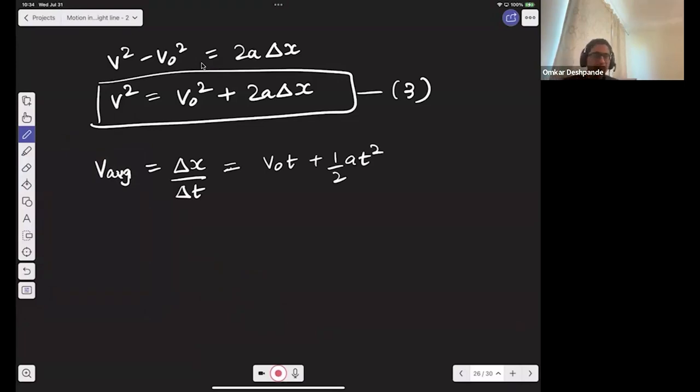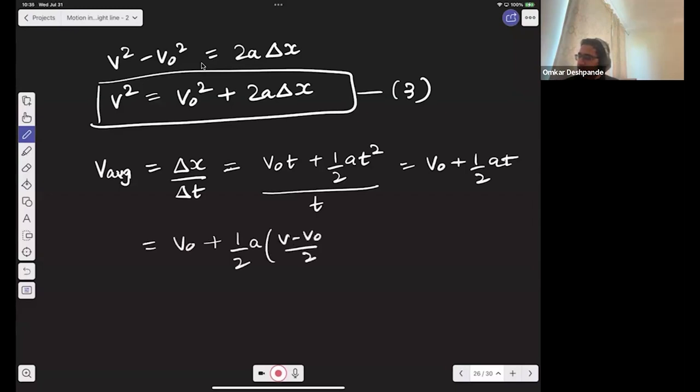So delta t will be just whatever final time instant t we are currently talking about. So it's just going to be this divided by t. So it's just v0 plus half at. And if you plug in again the fact that t is v minus v0 by a, the same substitution we did previously, we'll get v0 plus, a cancels out, v by 2 minus v0 by 2.